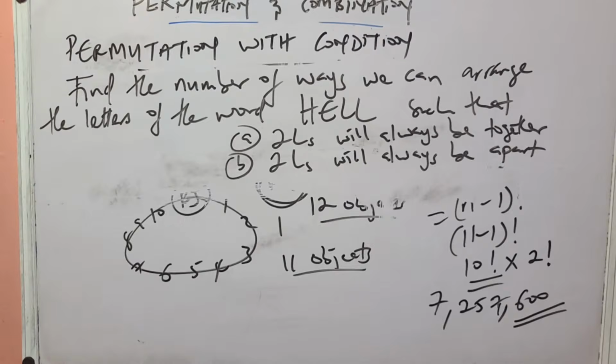There are many other questions that can come out: equations involving permutations, and we have not done so much around combination. So make sure you work on the assignment, and we'll meet tomorrow by God's grace.